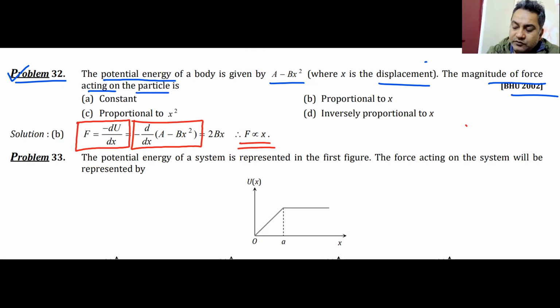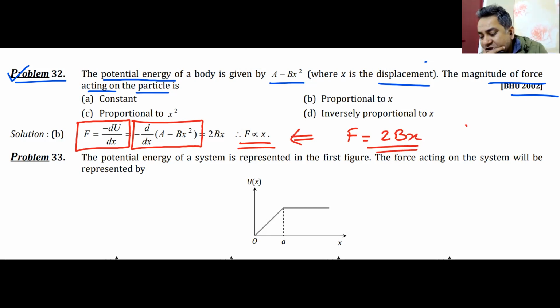F will come as 2 times bx. If I differentiate it with respect to x partially, force is directly proportional to x. That is the answer that we are getting, and hence the correct option is B.